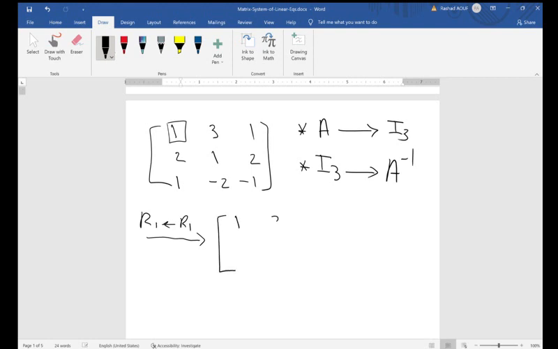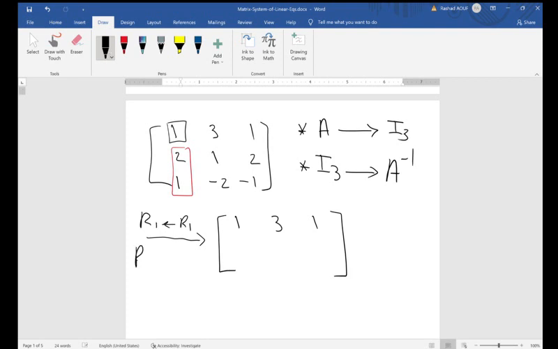1, 3, 1. What I said in this method is that the element below the pivot element must be 0. So I have to change 2 to 0 and 1 to 0. Number 2 is in row 2, so I must apply the appropriate operation to obtain 0 in the first element of the second row.